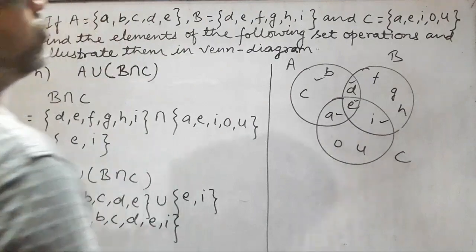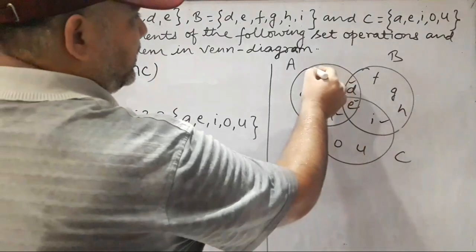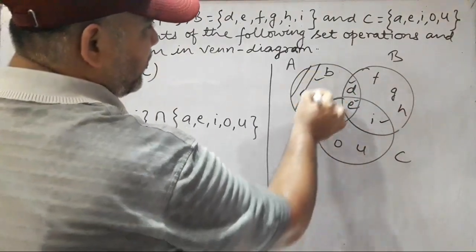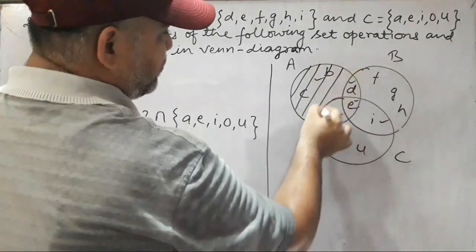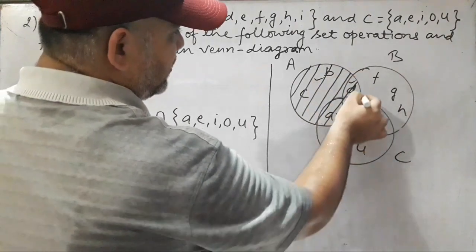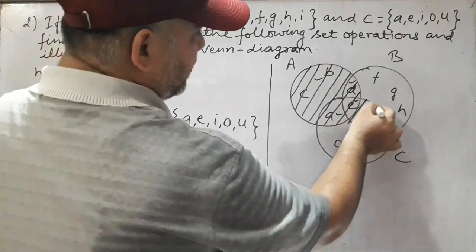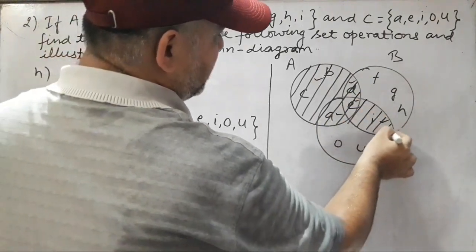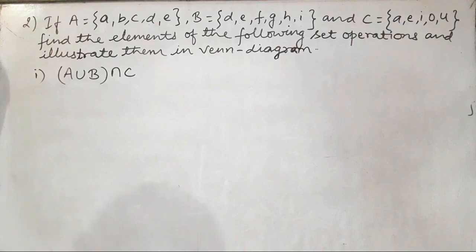The parts where I have ticked, let's shade them. This part, and this part, and finally this part. Okay, next question.